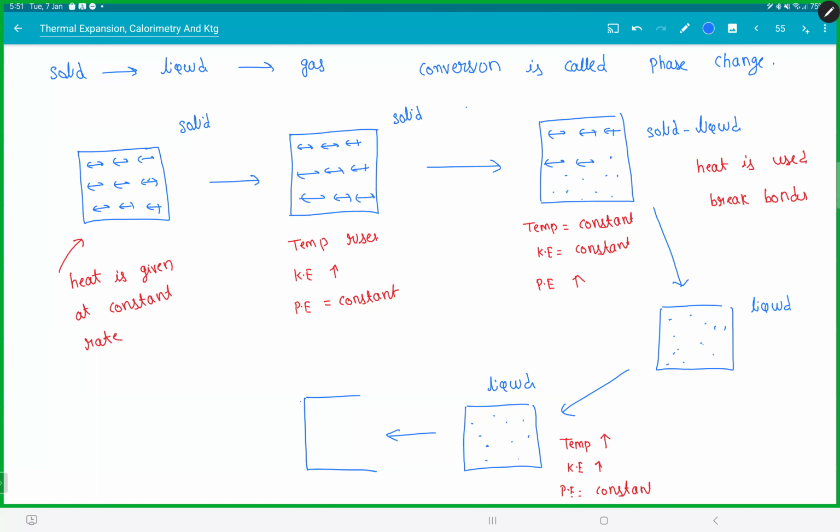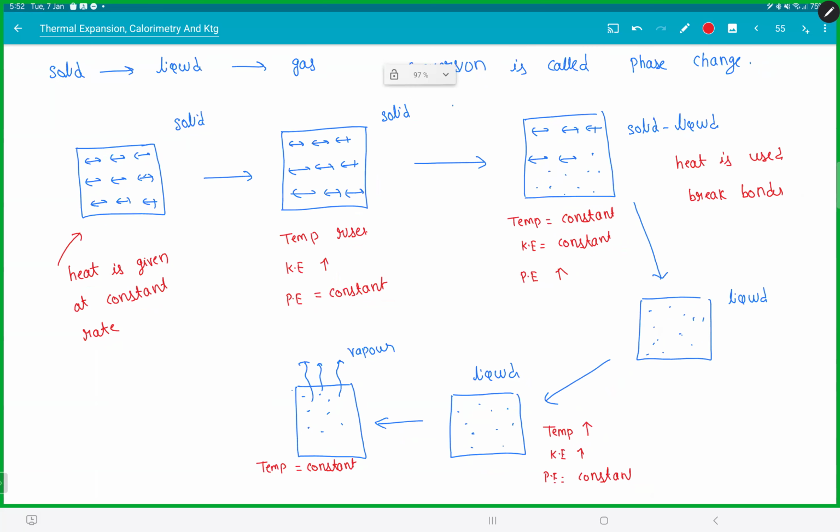You will realize we have liquid and we also start getting vapor. That means again the bonds are breaking. So again temperature becomes constant. Whenever there is a phase change, temperature doesn't change. All the energy you're supplying is going to potential energy instead of kinetic, and temperature changes only when the kinetic energy changes. And then it becomes completely vapor and then the temperature rises.